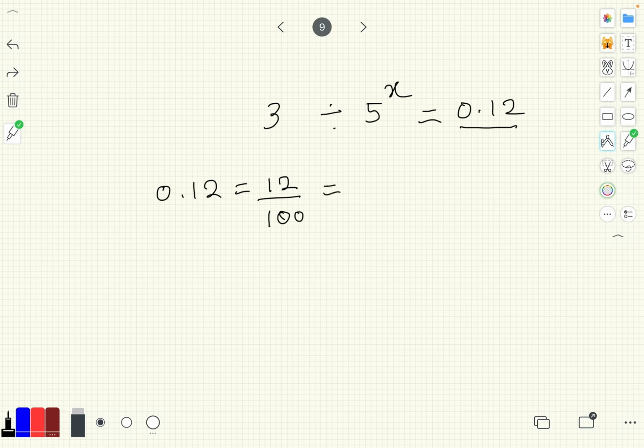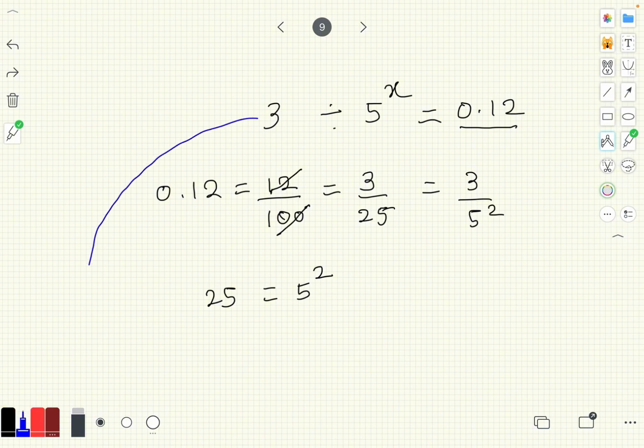If I simplify, I divide both numerator and denominator by 4. So 3 times 4 is 12, and 100 divided by 4 is 25. I can write 25 in the base of 5, which is 5 to the 2. So I can write 3 over 5 to the 2.